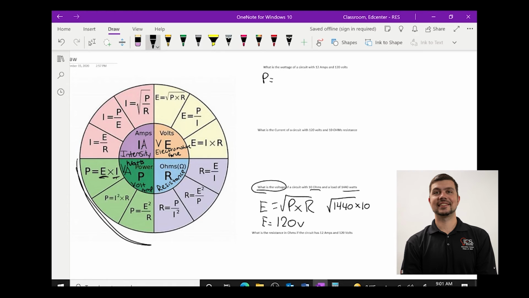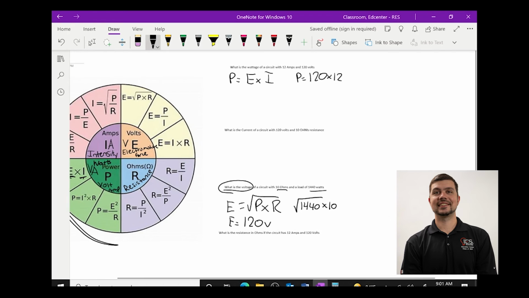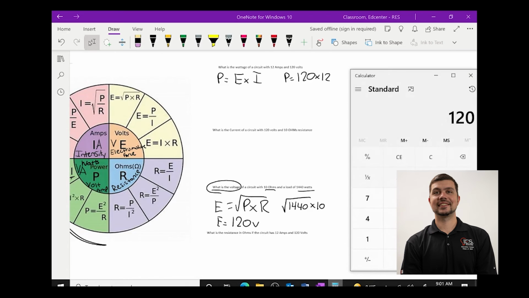So power equals E times I, or power equals 120 times 12, which is 1,440.